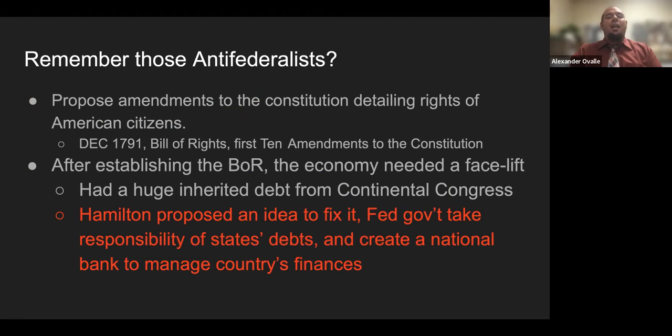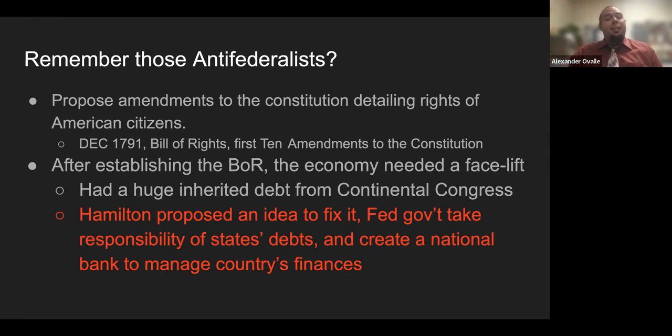After establishing the Bill of Rights, now the government's kind of organized, the rights of the people are organized, and now the economy needs to be reorganized. And so the country had an inherited debt from the Continental Congress, aka the revolutionary government.